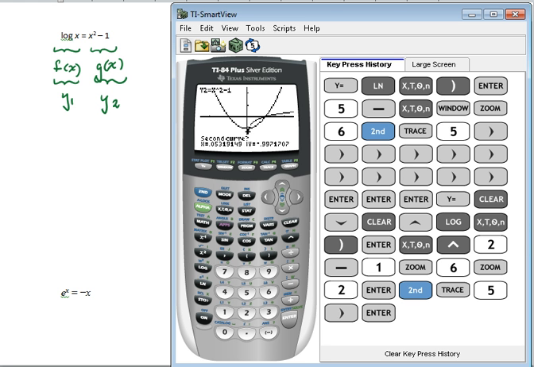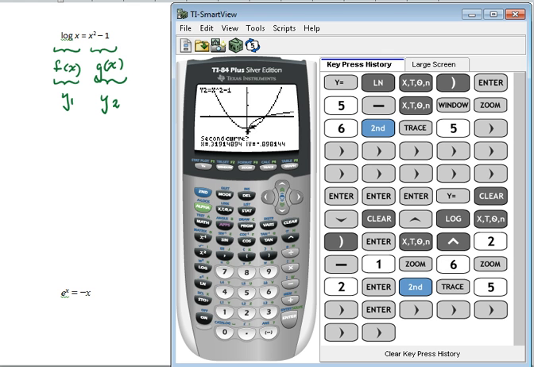And now I'm going to move along the second curve, x squared minus 1, staying close to the point of intersection using the right arrow. Now I'll press enter again and enter one more time. And our x value is approximately, to 2 decimal positions, 0.10.